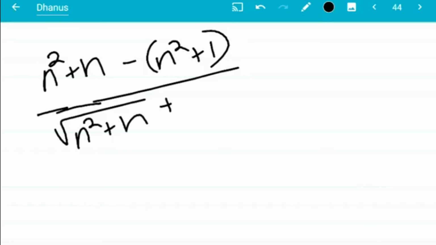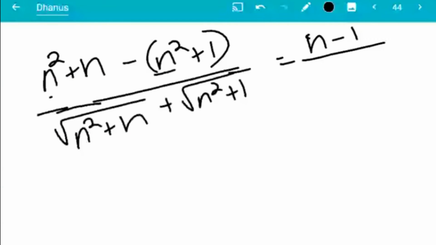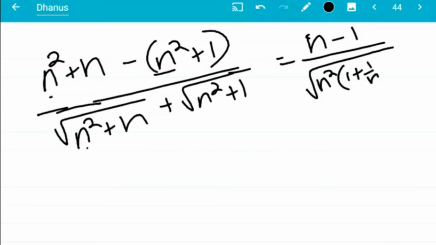The numerator: this n square and this n square get cancelled, and this will be equal to n minus 1, divided by this denominator. But from the denominator, I am taking n outside. Here I can write it as root of n square into 1 plus 1 by n, plus root of n square into 1 plus 1 by n square.